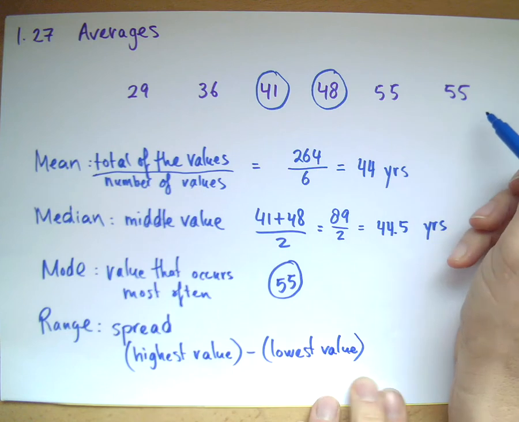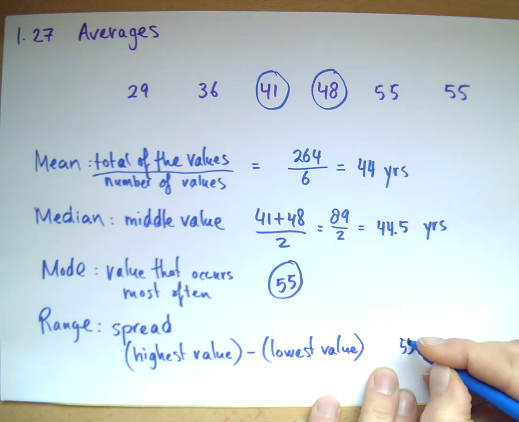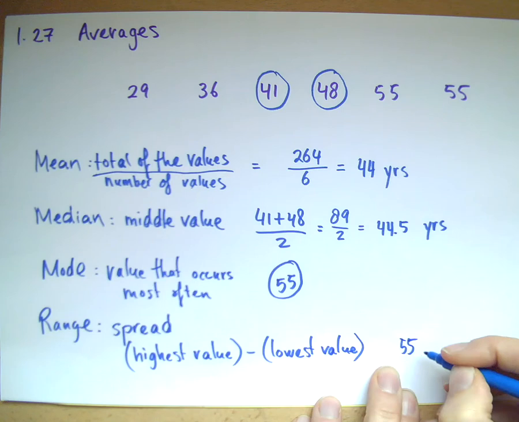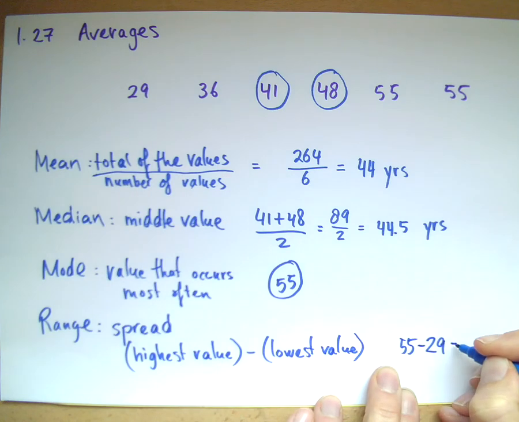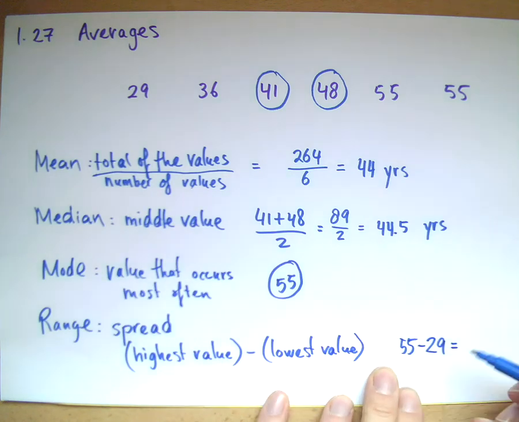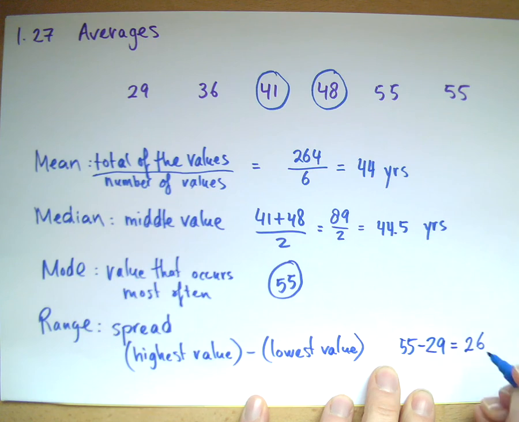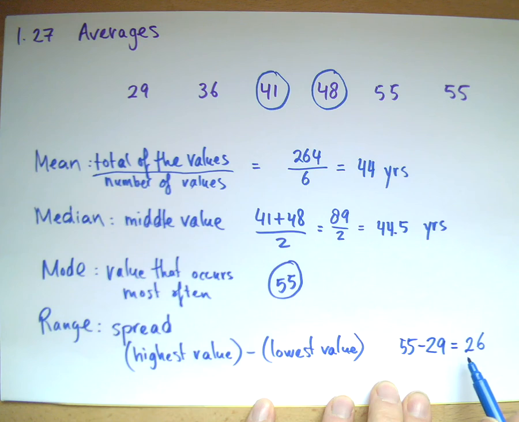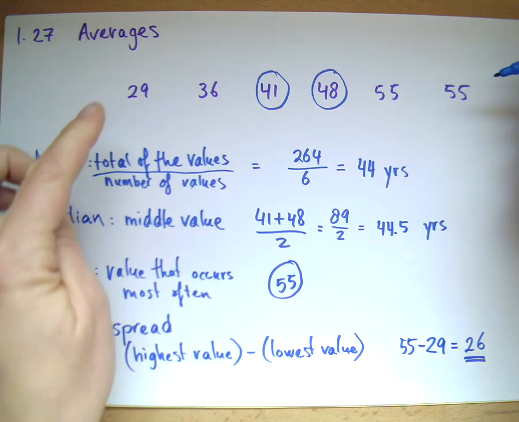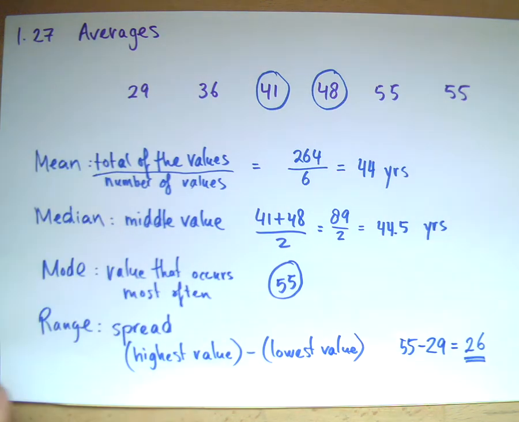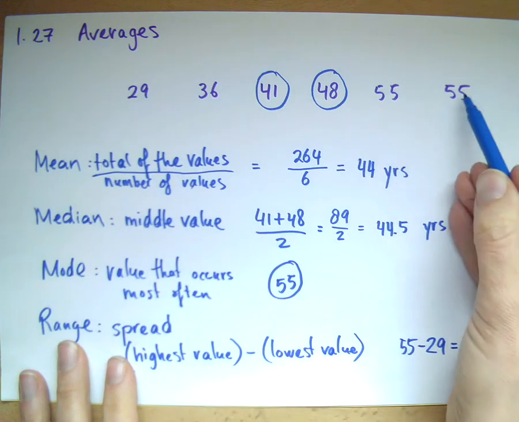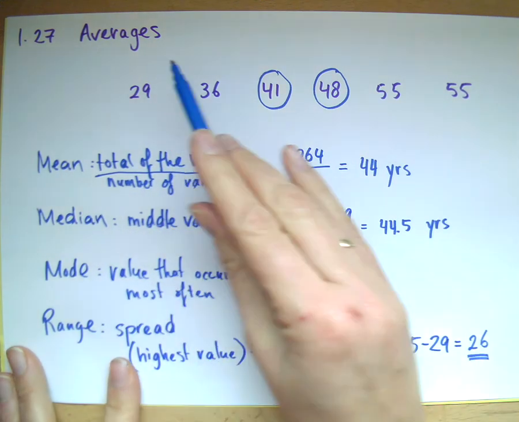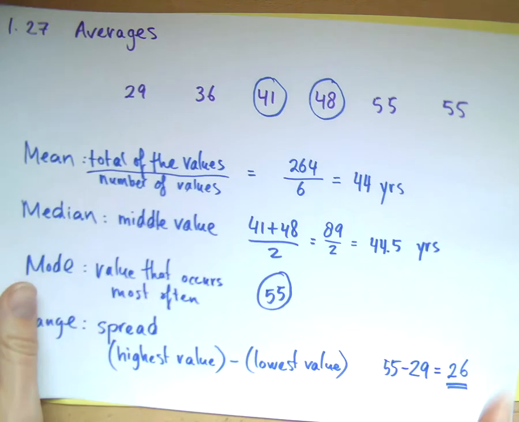So the highest age reported was 55. The lowest age reported was 29. The difference between those is 26. So the range is 26, because that's the difference between the lowest and the highest value. There's a range of 26 in our sample.